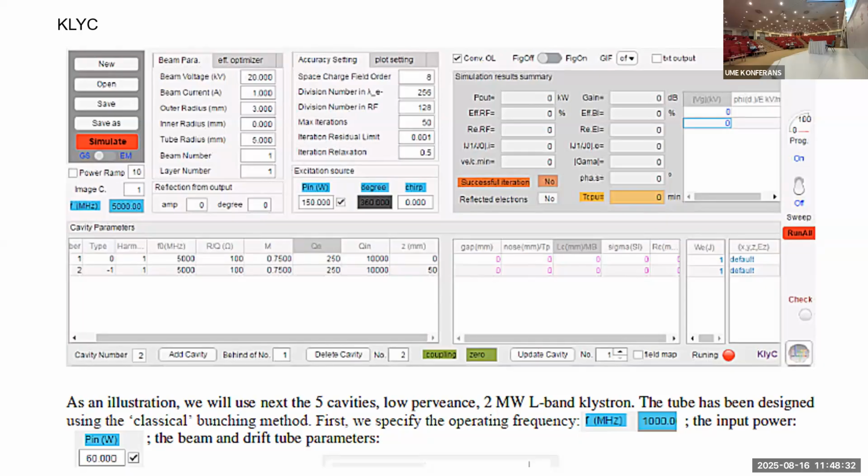We have to click this one to make a new project, or open the old one, or Save as if you know. You make an electromagnetic simulation, or global simulation.